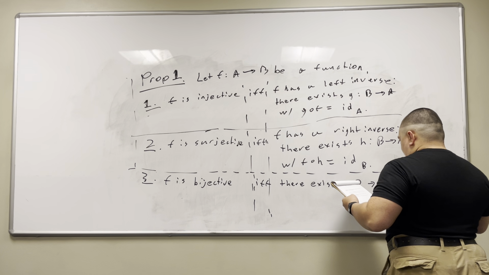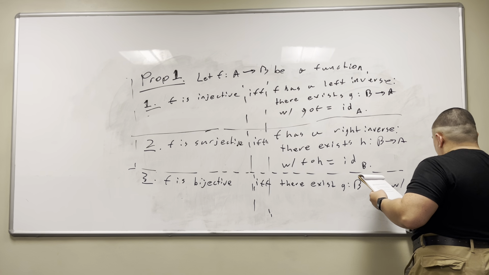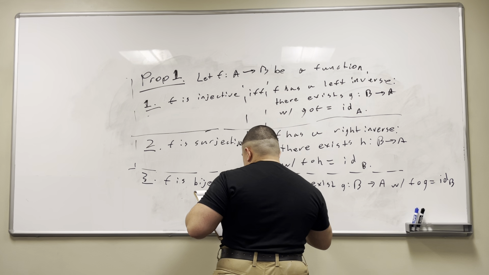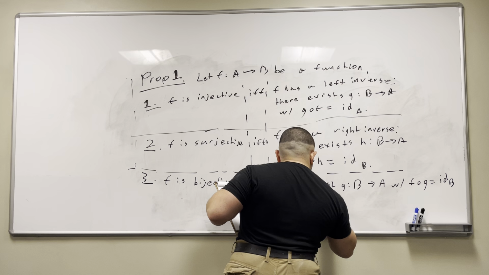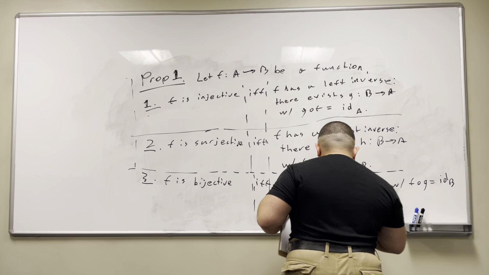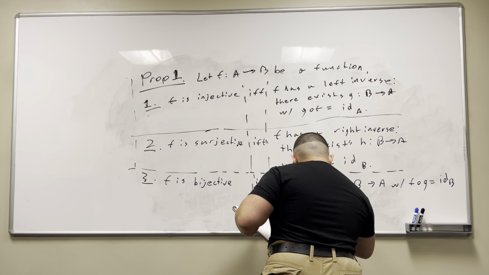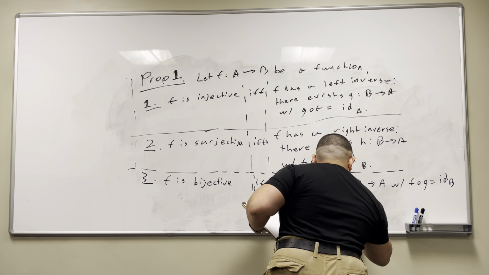So f composed with g is equal to the identity of B, and g composed with f is equal to the identity of A. In this case there are many good things, trust me.